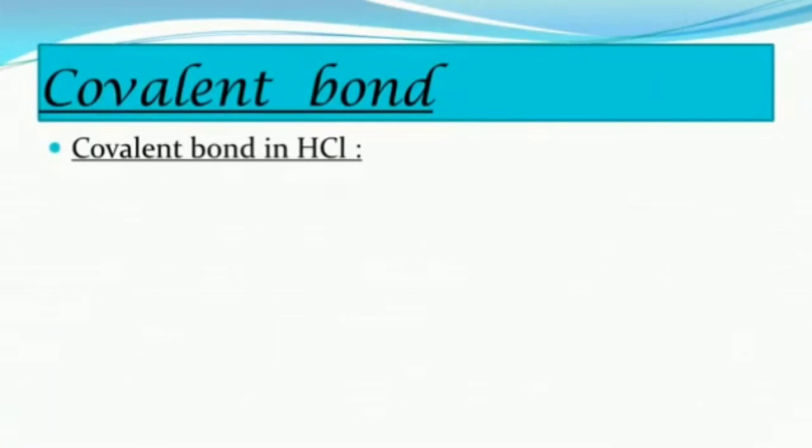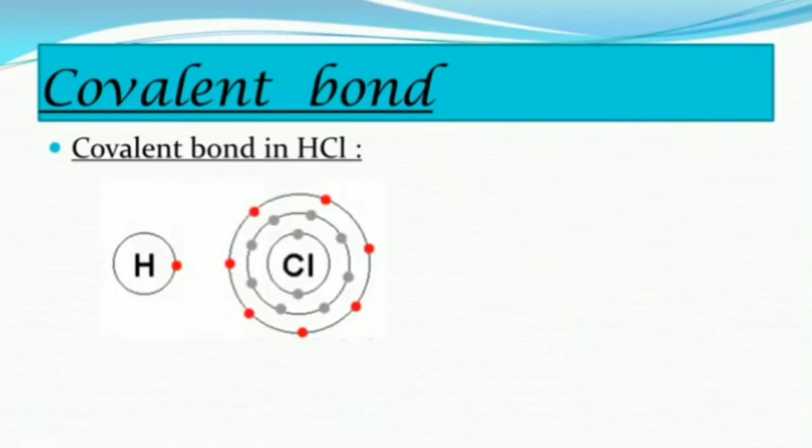Now let's see one more example, that is covalent bond in HCl. Here hydrogen, as we all know, has only one electron in its outermost shell, and chlorine is short of one electron in the outermost shell.